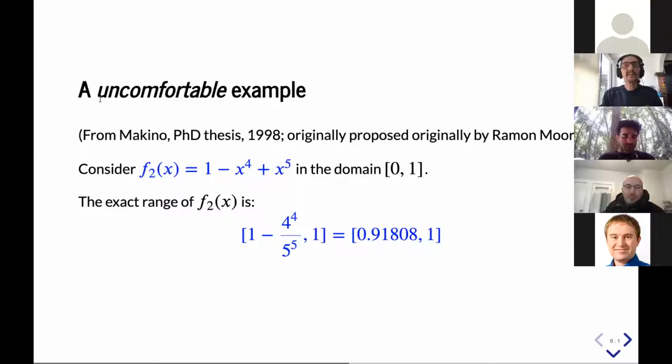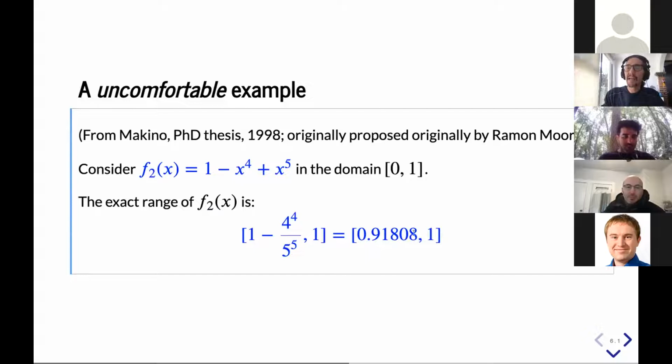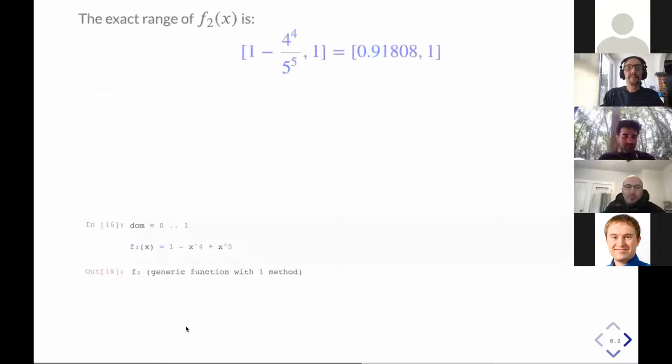Now, this is from the PhD thesis of Makino, which is a long way back, and it is a polynomial, and the idea is to bound it in the 0-1 range. And this is, more or less, I think it is the exact approximation for the range of that function. So how do we do it?